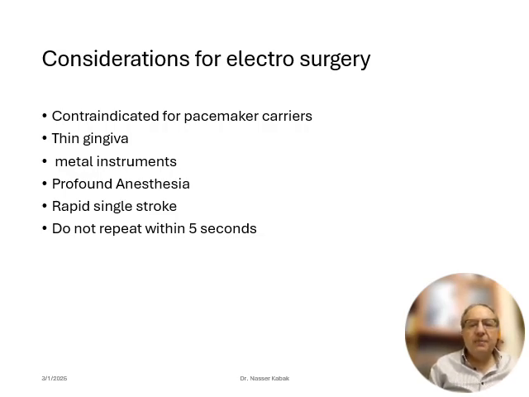First, any patient who has a pacemaker, these devices that are used to stabilize the pulses of the heart, it's contraindicated for these patients to use electrosurgery. Thin gingival biotypes also are contraindicated, since if we cut the gingiva in these situations, it might recede and not go back to its original place and level.